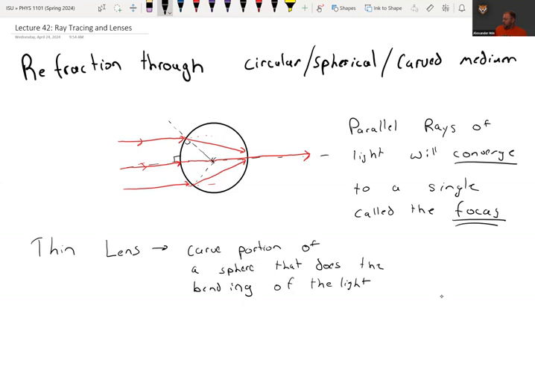That's a type of lens aberration that is somewhat common, and a lot of times it needs to be corrected for. So this is one of the things that the thin lens ends up doing.